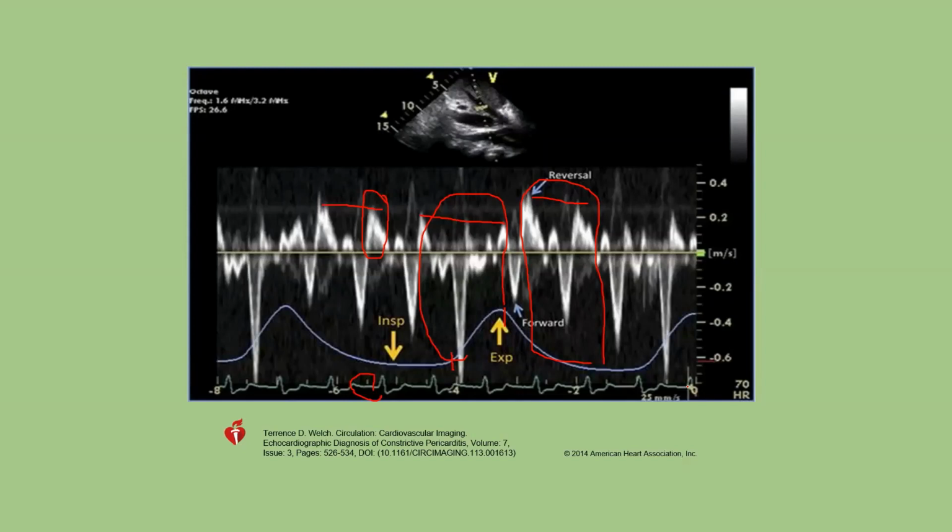And why does this happen? Simply, guys, imagine with me, during expiration what happens? There is blood in the right ventricle, right? And blood in the right atrium. Now during expiration we said that the septum is going to shift where? Left or right during expiration? It is going to shift to the right.